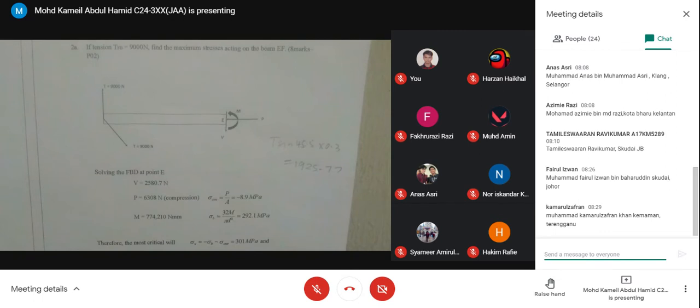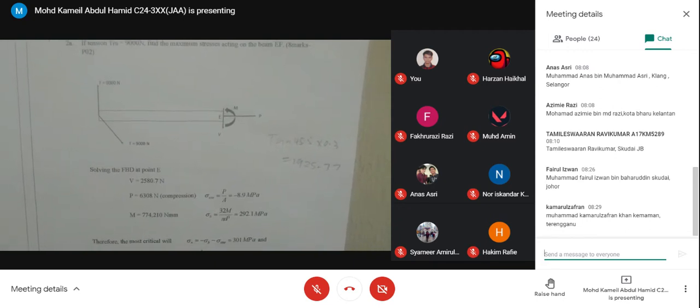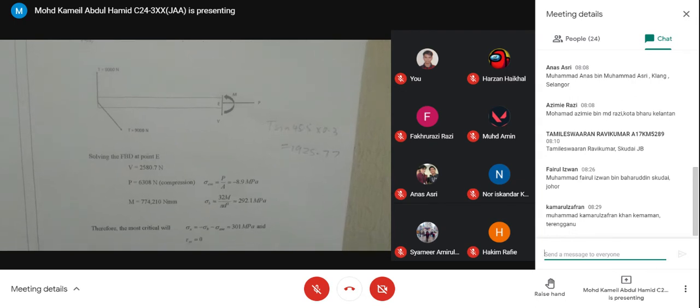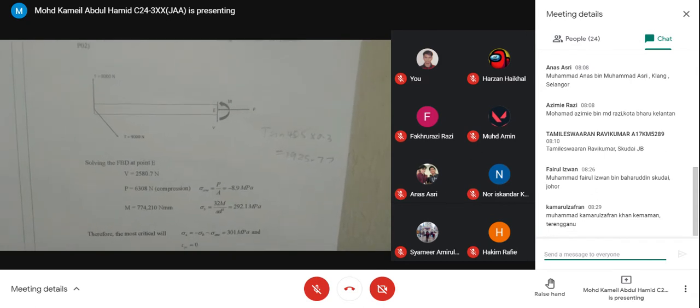Cuma get the one value first, compression, and that one will be consider for stress distribution. Nanti kita akan consider jugalah dia punya opposite tu, bila ada positif dan negatif bending tu.